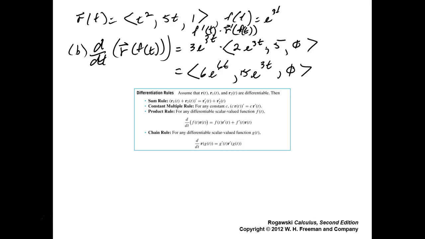Very good. Okay. I'm just used to taking the derivative of the first, but then plugging the f of t in there.